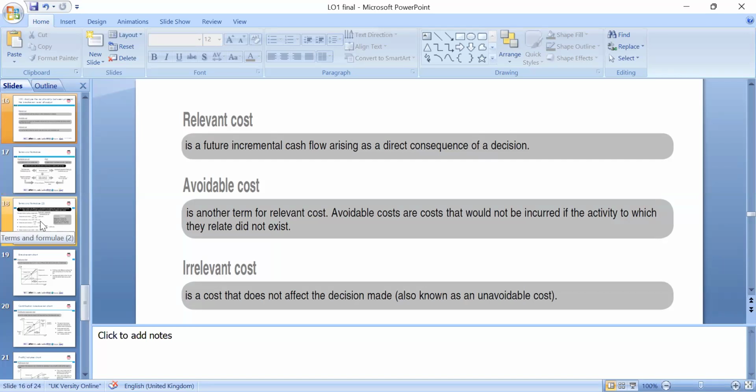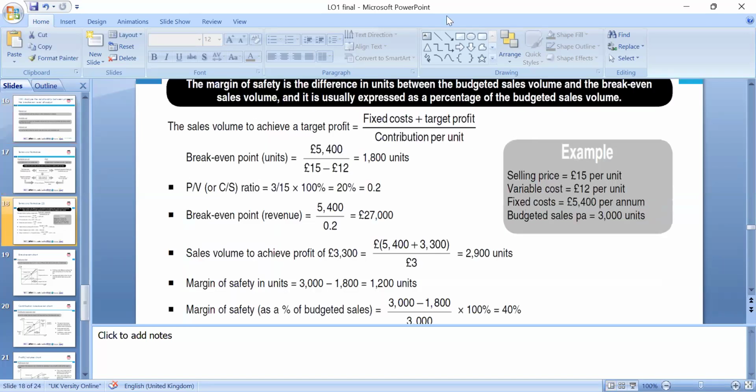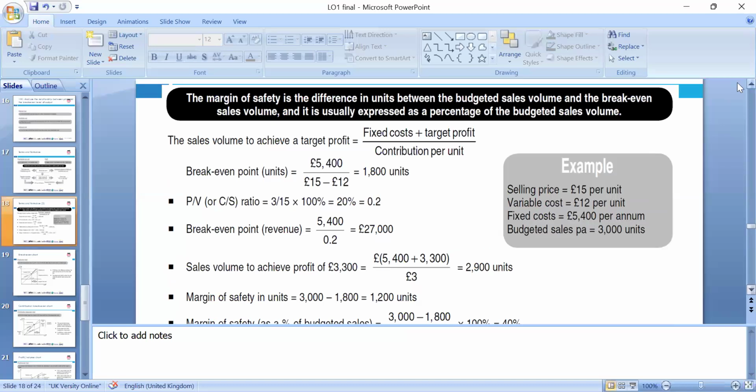Okay, as we look next now, we have different break-even formulas. There are a couple of formulas, but at this level we can go through a few basics. All these formulas are given.